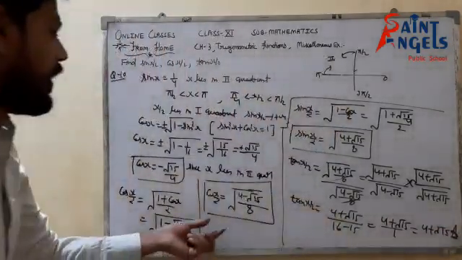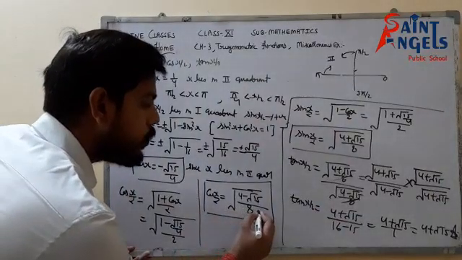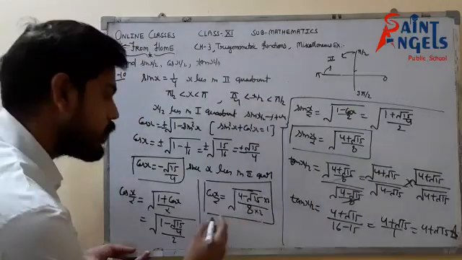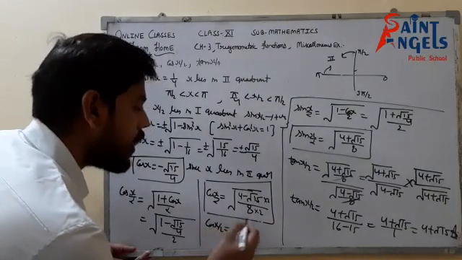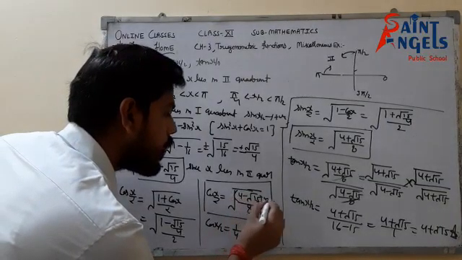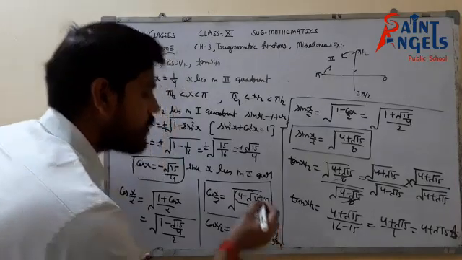In the NCERT you can get the answer like this: if I multiply by 2 here and 2 here, it becomes 8 upon 16, so from outside the under root that would be 1 upon 4, and that equals 8 minus 2 under root 15. So this is also correct, and this is also correct.